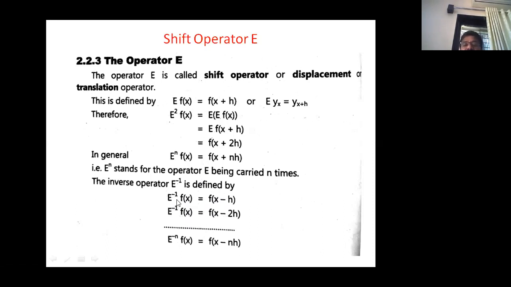E raised to minus 2 means shift the point to the left, that is, the previous 2 points. So in this way, E raised to minus n f(x) is f(x−nh). That is, shift the point to the left n points.